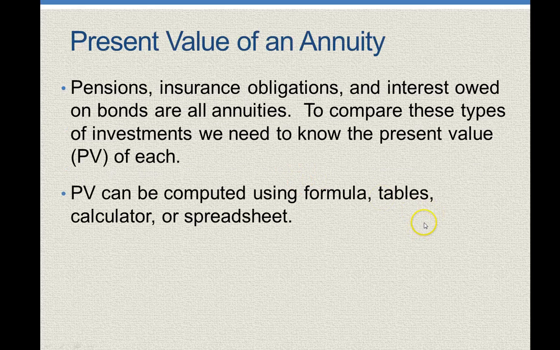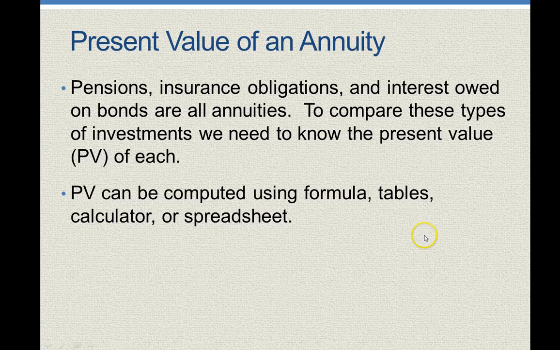So then we talk about the present value of annuity. Actually, we also said that once we are comfortable with calculating the present value of an uneven stream of cash flows, then that's the most general case. So we can apply that methodology to the situation here as well.